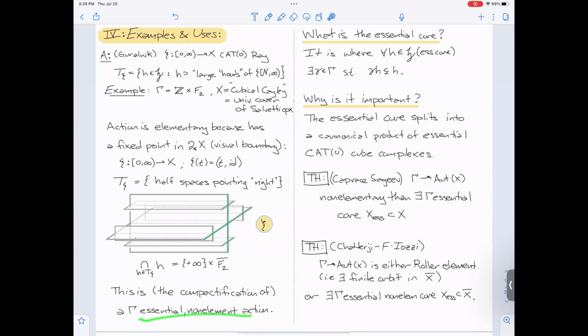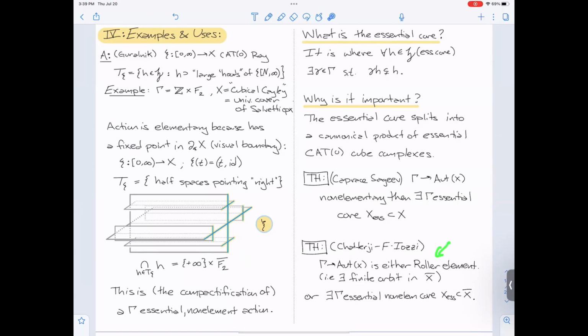And in this case, the action will be essential and non-elementary. The original action here was essential, but it was elementary because I had this direction that was invariant under the group. The essential core is important, and I'm going to skip it. So Caprace and Sageev showed that if you had a non-elementary action, then you always had an essential core inside of your CAT(0) cube complex.